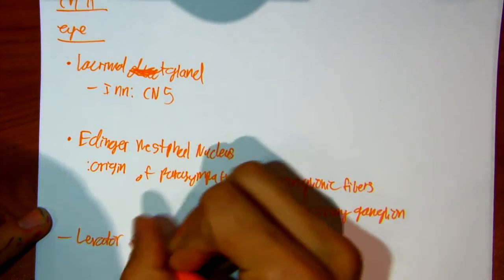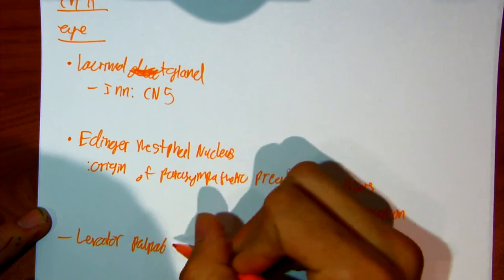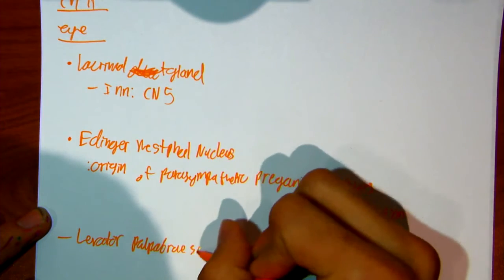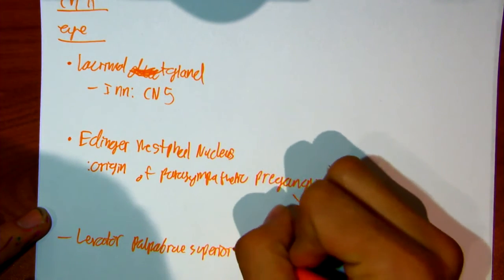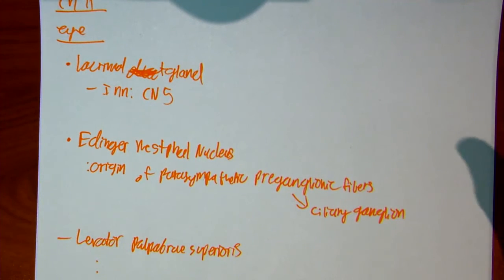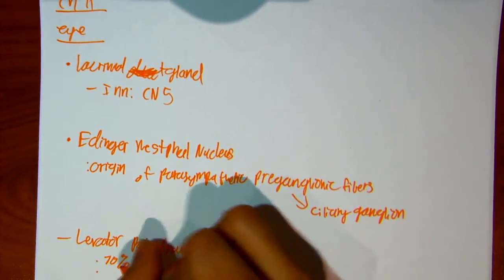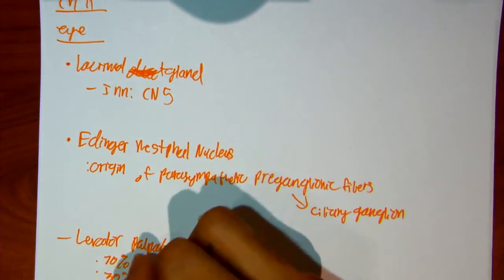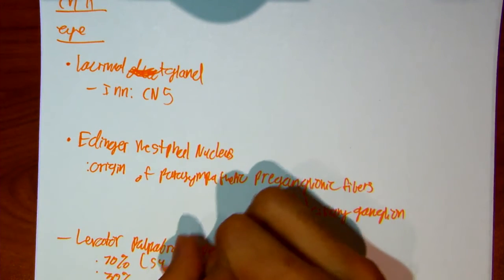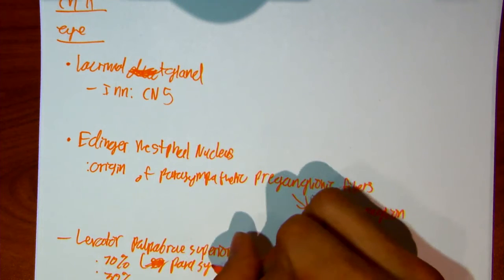A very special hybrid muscle we've seen is the levator palpebrae superioris. What's special regarding its innervation? Yeah, so we said it's hybrid. So hybrid, it's 70% and 30% something else. 70% is parasympathetic.